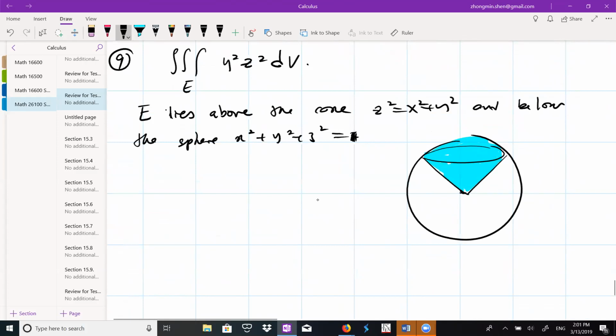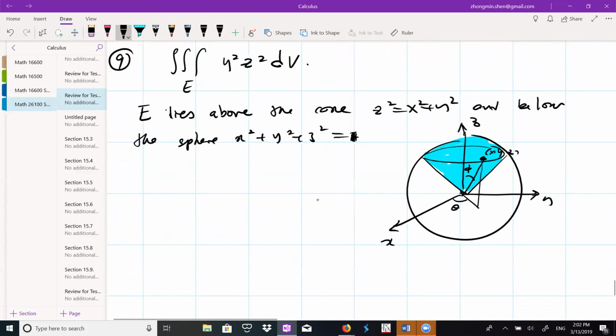If you take an arbitrary point (x, y, z) inside this region, this angle is phi. If you project it to the xy plane, this angle is theta.